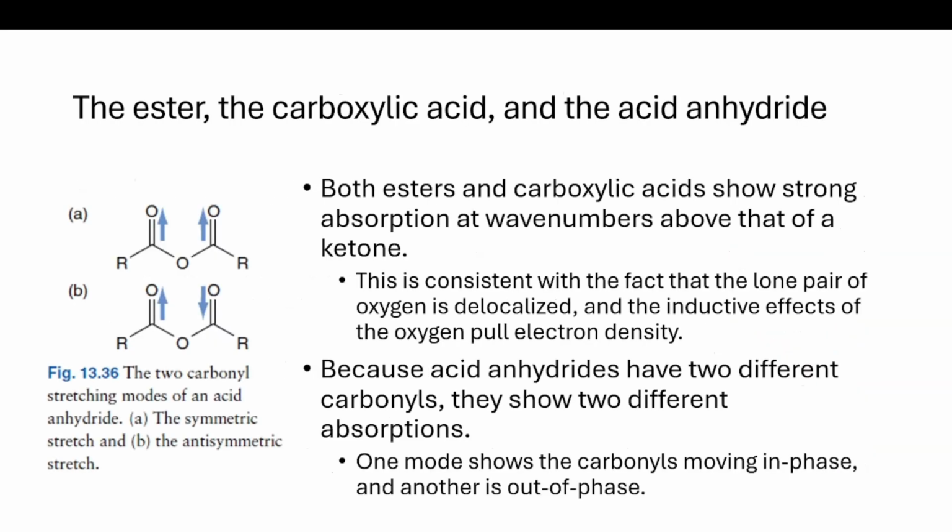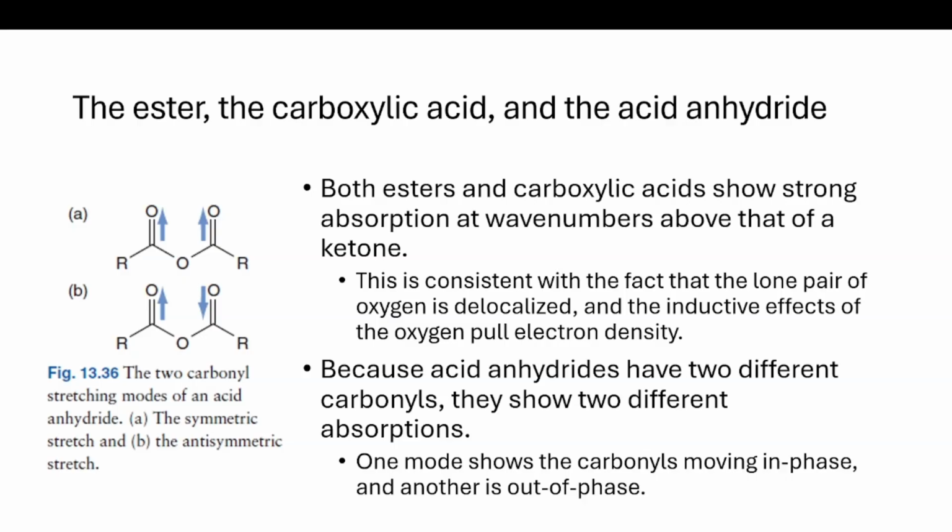Now, I also want to talk about even more functional groups that involve the carbonyl bond. Both esters and carboxylic acids demonstrate strong absorption at wave numbers above that of a ketone. And this makes sense considering that the lone pair of oxygen is delocalized and that the oxygen pulls electron density.